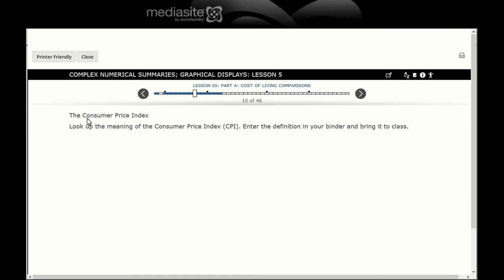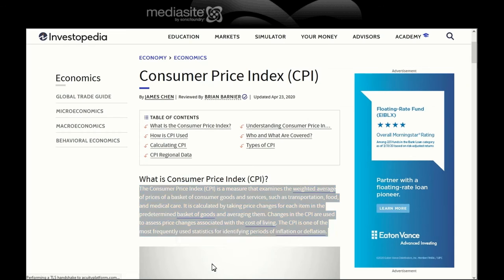Okay, now it says look up the meaning of the consumer price index and definition in your binder and bring it to class. Go on, pause and think about that for a little bit. I'll wait. Long enough. Okay, just go online and look at CPI, Consumer Price Index.